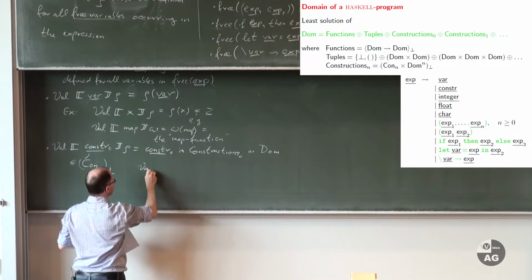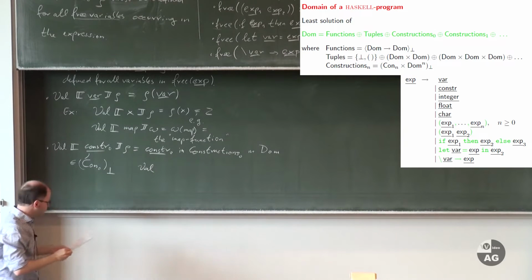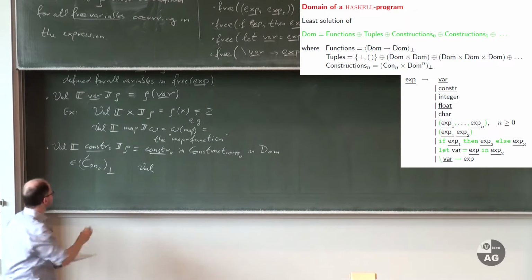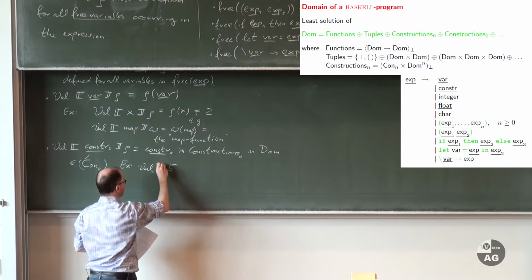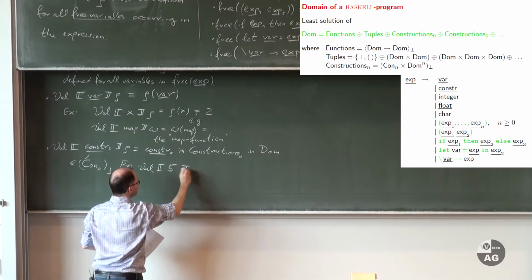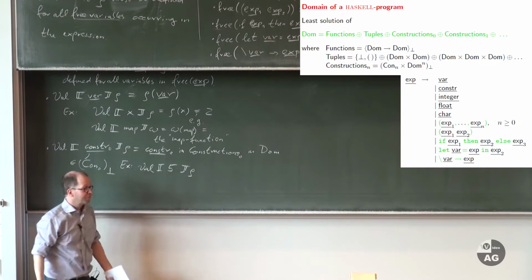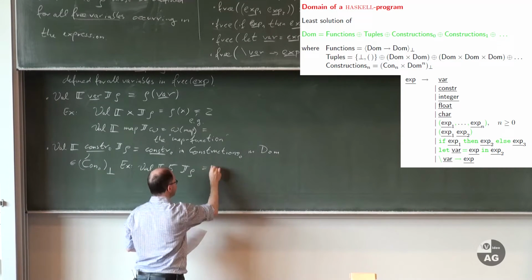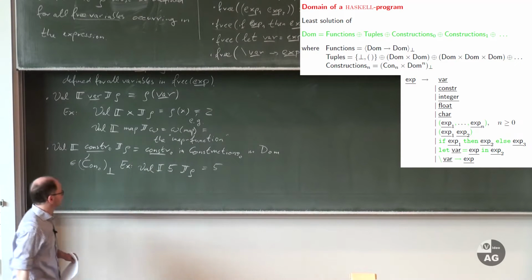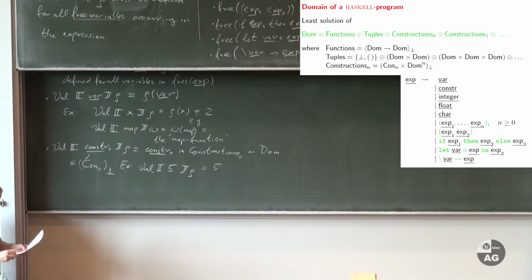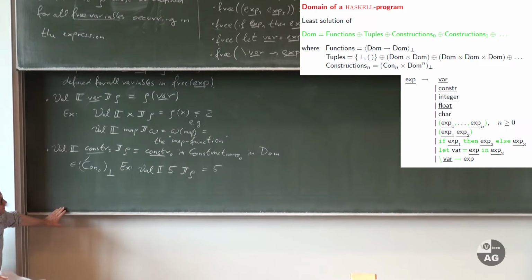So let's look at some concrete constructor of arity 0, for example, the number 5. If I want to know what is the meaning of this thing here, well, the meaning is the number 5 in constructions 0 in DOM. So nothing spectacular yet.